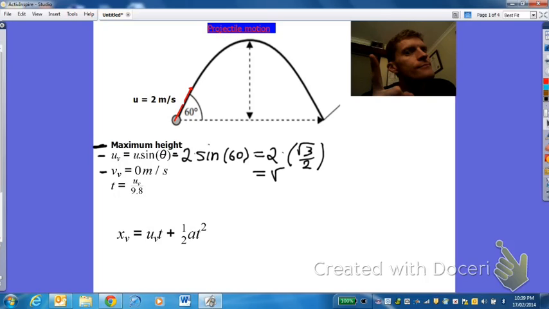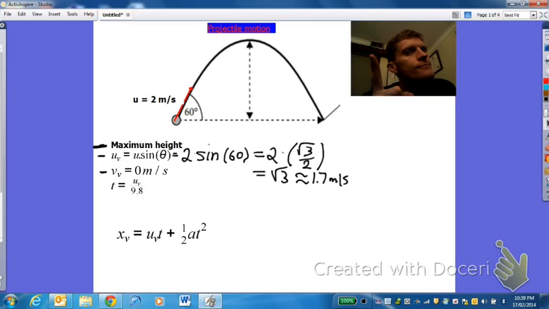And that gives me root 3, which is approximately 1.7 meters per second. Okay, everyone agree? Yes, Mr. Stevens.